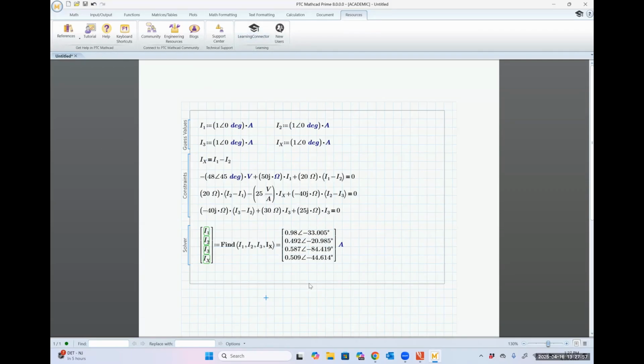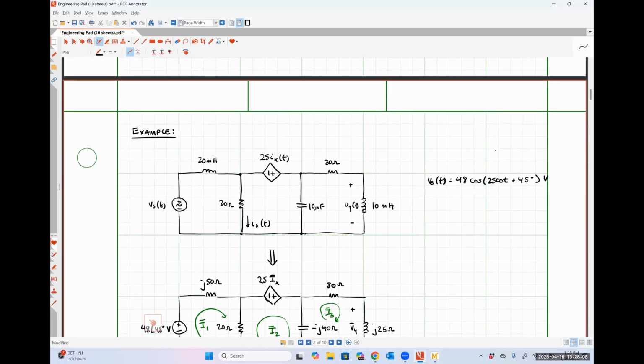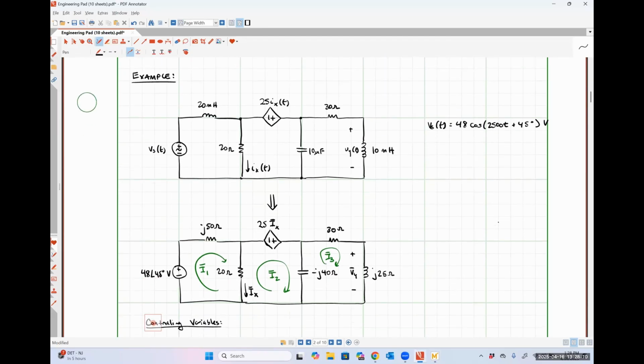So we found our phasor current IX that we were interested in. If we go back to our circuit diagram here, how would we find that voltage VY that we're interested in? So I3 times that impedance of J25 ohms.